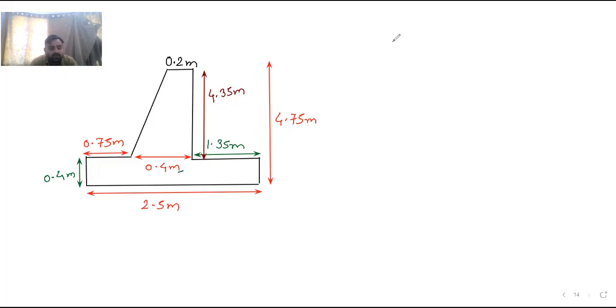Now the next step is we are going to take the stability checks, and in the stability checks we are going to take the moment at this point for all the forces to check the stability. Okay, so now I will make one table so that it will be easier for you to understand.